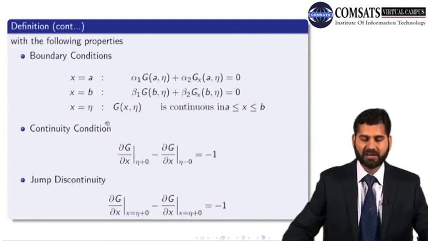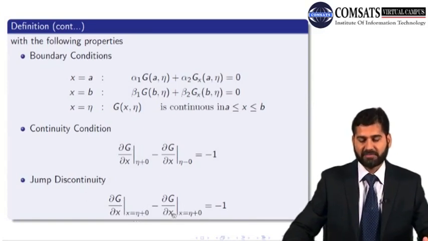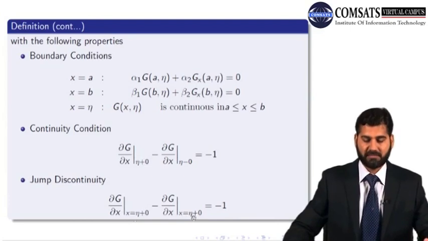Additionally, g should satisfy a continuity condition: at x equal to eta, g of x, eta is continuous in this interval, and the jump condition is this one. I wrote it twice, it's a mistake. The continuity condition is that g has to be continuous at eta, but the jump discontinuity is partial g by partial x at eta plus minus partial g by partial x at eta minus should be equal to -1.